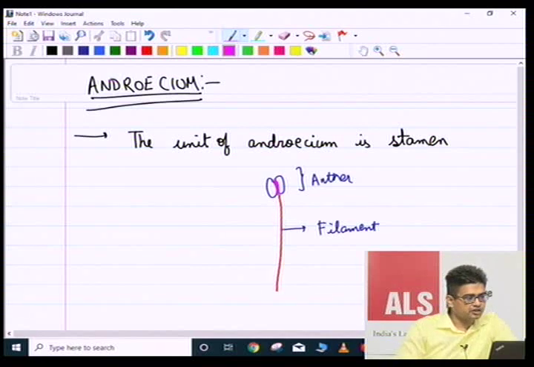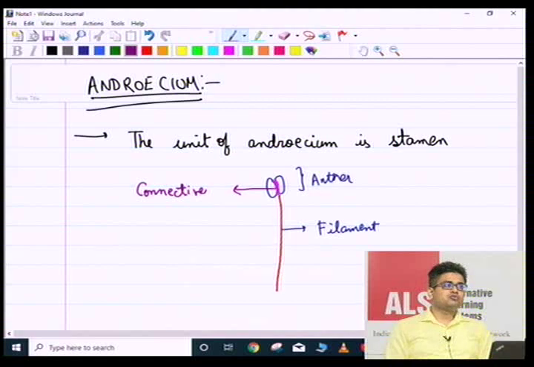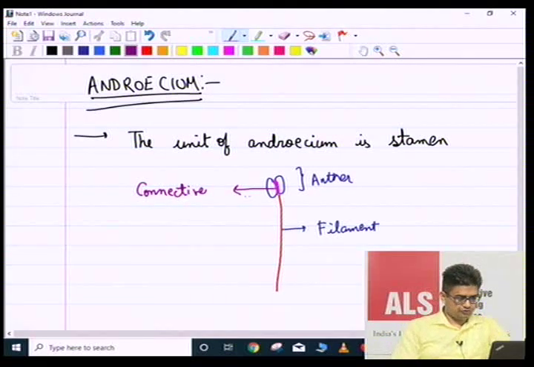It has not been mentioned in NCERT, that is why I am trying to mention it here. Connective is actually composed of vascular part. It contains xylem and phloem, so basically it has all the nutrients for the growth of the anther.